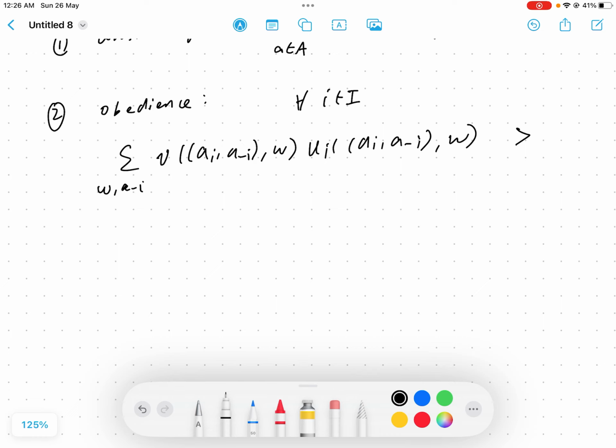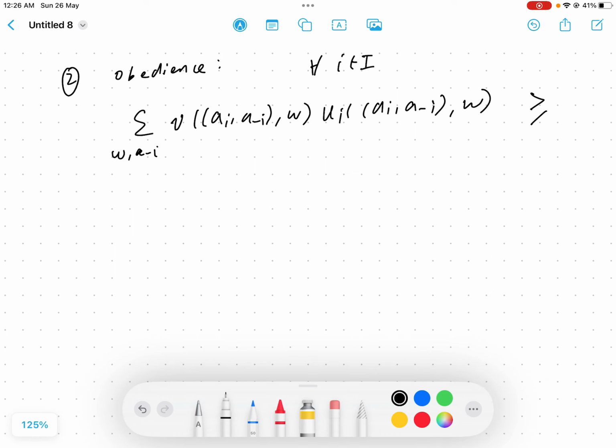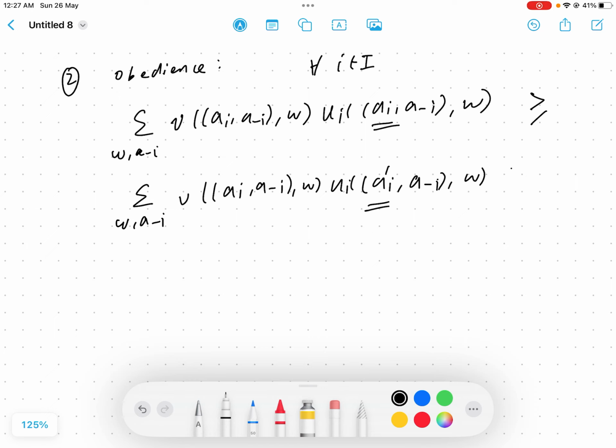This has to be greater than or equal to the case that there's deviation for the receiver i. Other terms are the same. The only difference here is the a_i prime. That's it. And this is true for all the a_i prime in the set, okay?